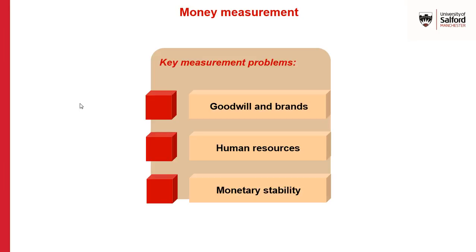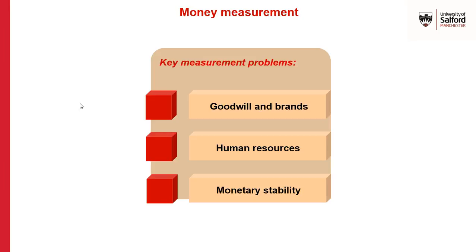Goodwill and brands. If you buy a company with a famous name, you may pay money for the brand name. And that's not a physical asset, it's an intangible asset. And we saw intangible asset valuation on the Tesco balance sheet, I think it was.